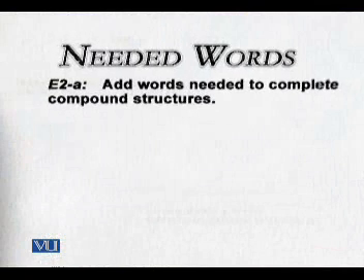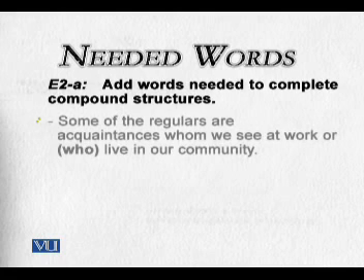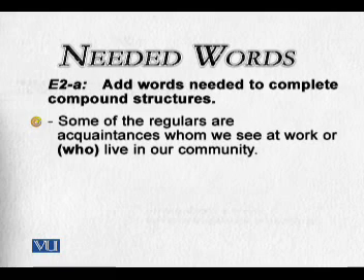Let's see one or two rules for needed words, where you can and cannot delete, and then I'll illustrate this point further with the help of one or two examples. Rule number 1 for needed words is: add words needed to complete compound structures. Its example: some of the regulars are acquaintances whom we see at work or live in our community.